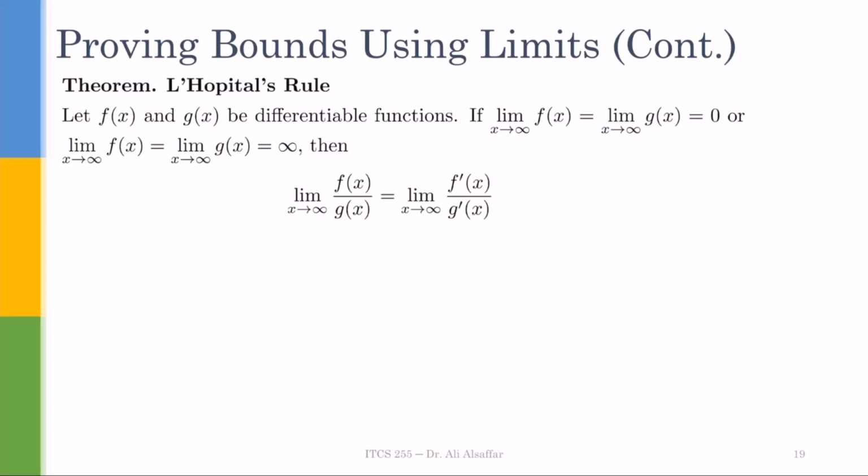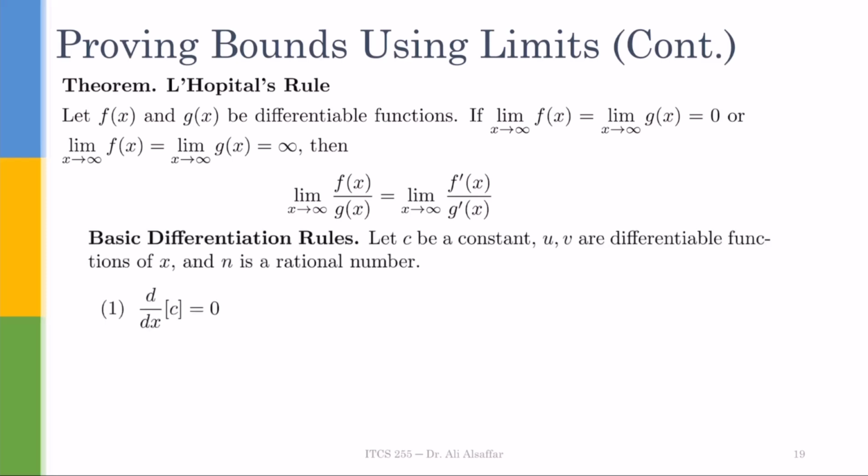To apply this rule on some functions that commonly appear in the analysis of algorithms, we need to review the derivative of these functions. Assume that c is a constant and u and v are differentiable functions of x and n is a rational number.